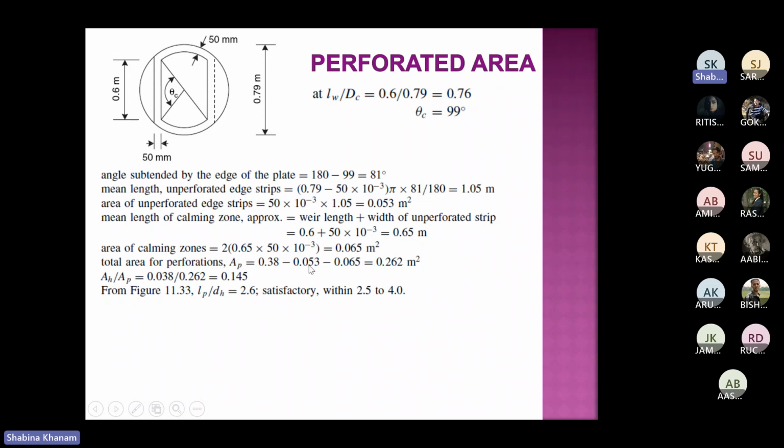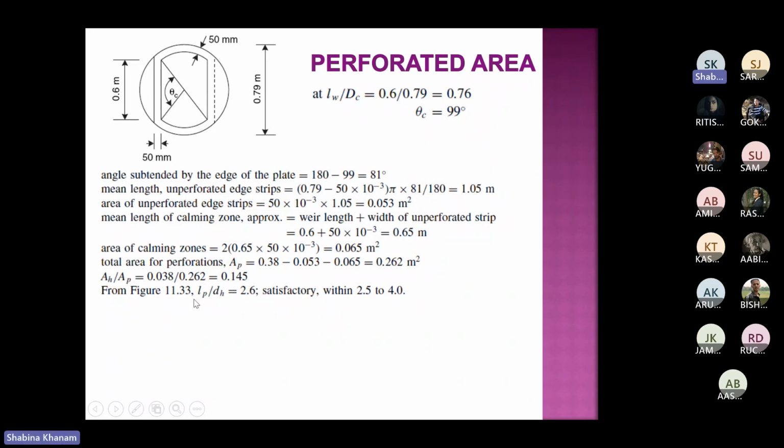So the perforated area we are finding as the active area minus the area of the calming zone, both sides, and the area of the ring, both sides. And the perforated area is coming as 0.262, and this AH by AP is given as 0.145, right?